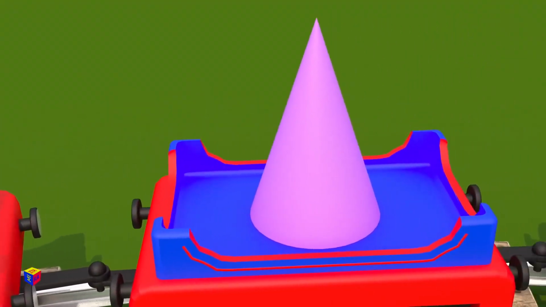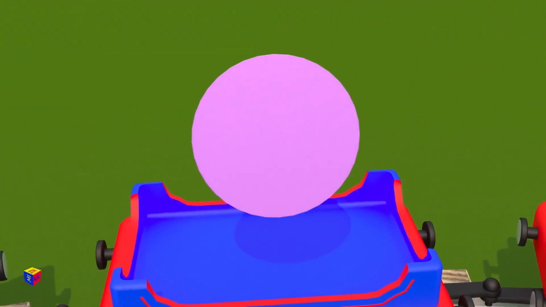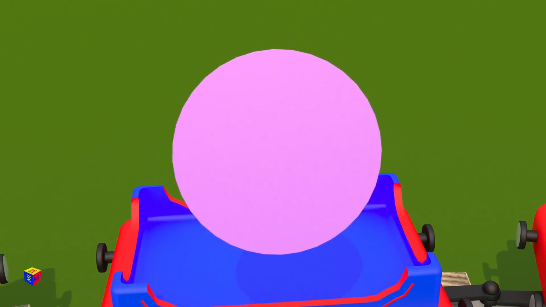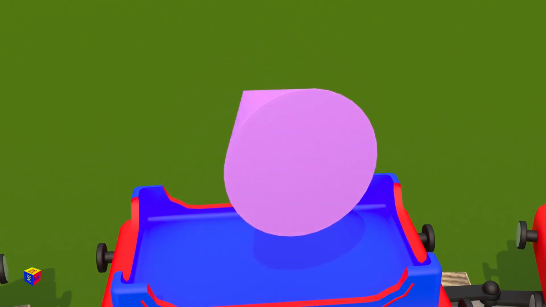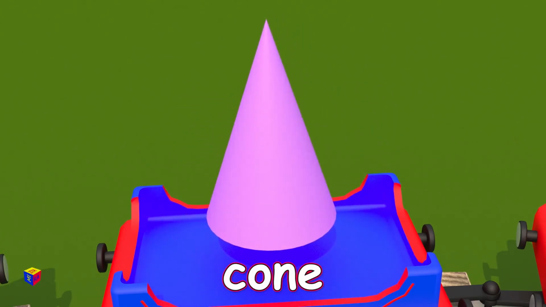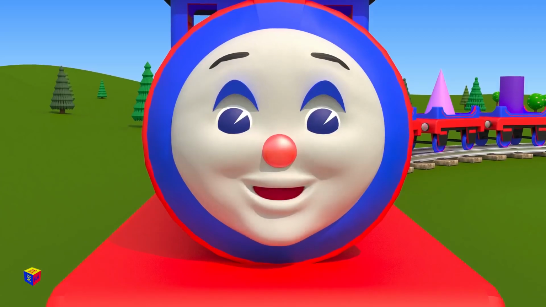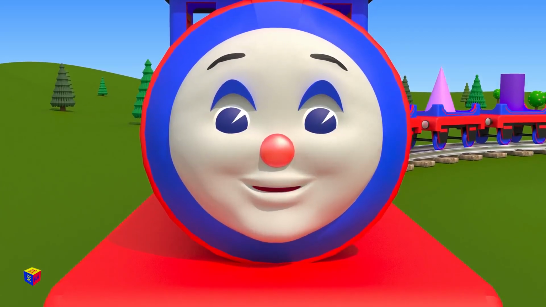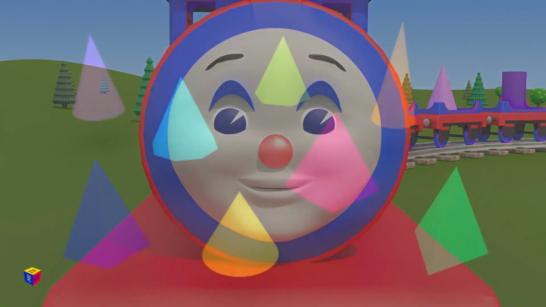What if the base of a pyramid is not a polygon, but a circle? Then it is not a pyramid anymore. This shape is called a cone. Let's play a game. Can you find the cones among pyramids?